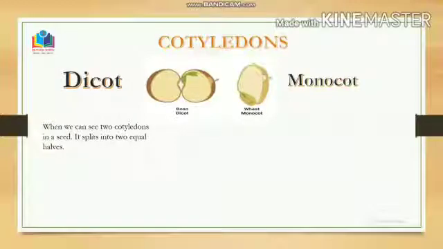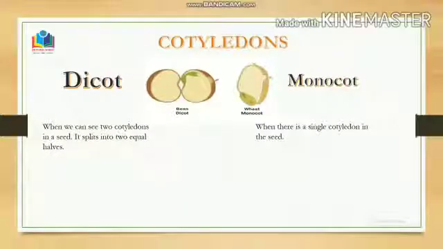Depending on whether a seed is a monocot or a dicot, the structure of the plant also varies. Even the design of the leaf and the type of root vary according to whether it is a monocot seed or a dicot seed.